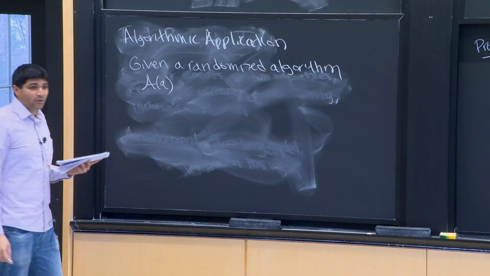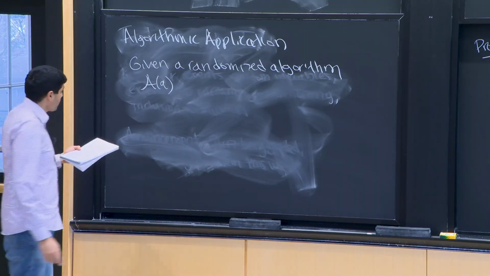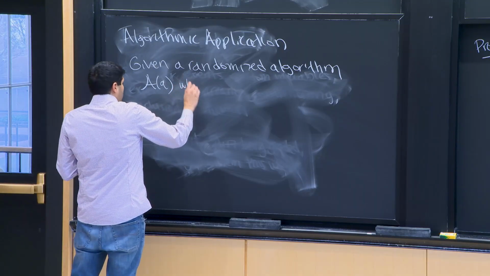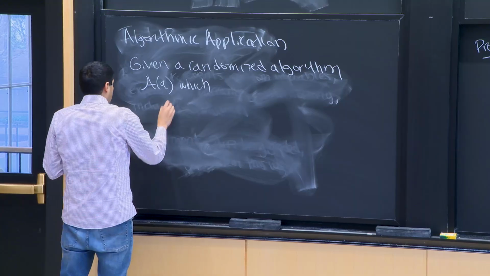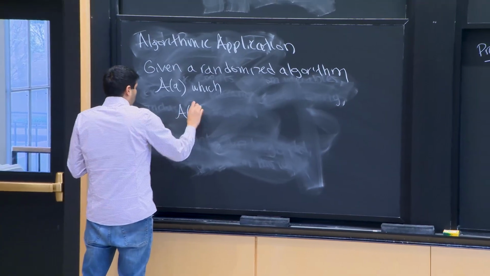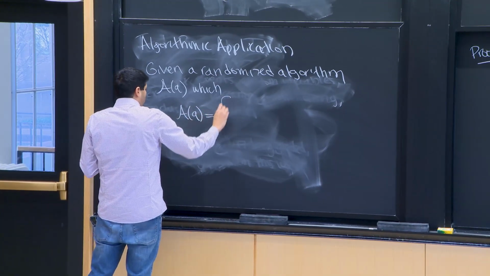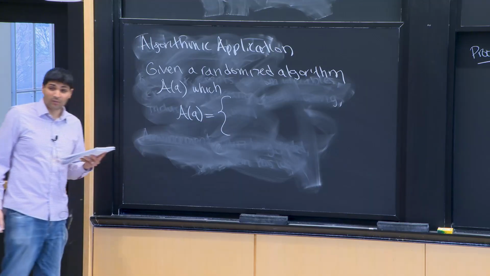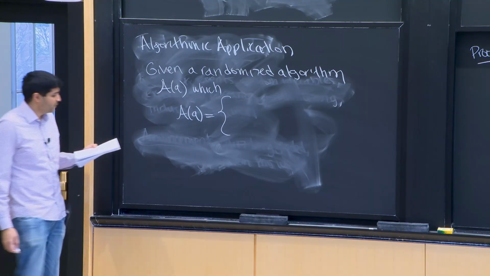So A is the algorithm, Q is the input. And let's say this randomized algorithm has the property that when we run A on Q, its answer isn't deterministic, it's a randomized algorithm.